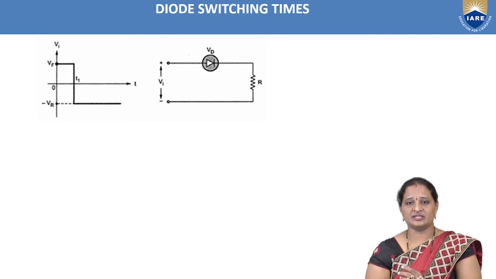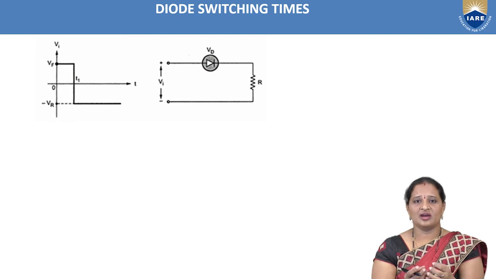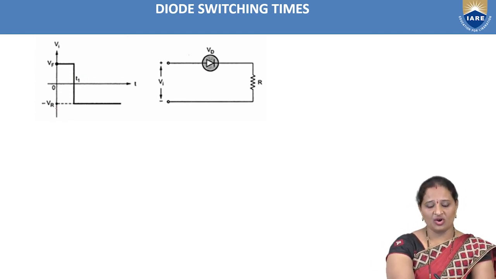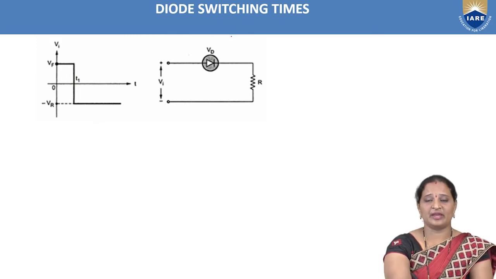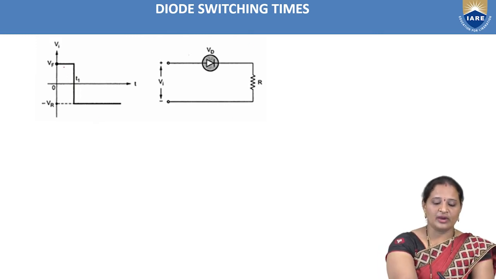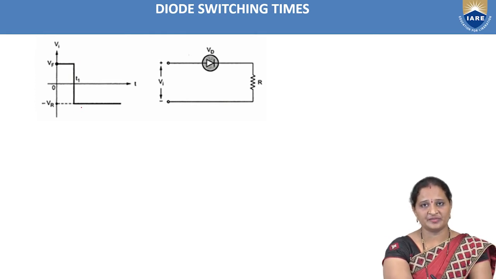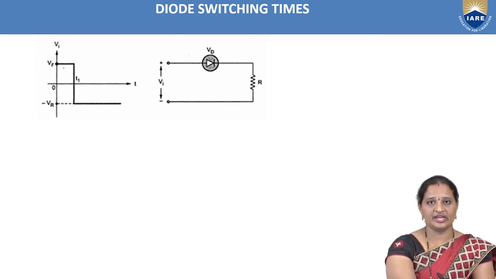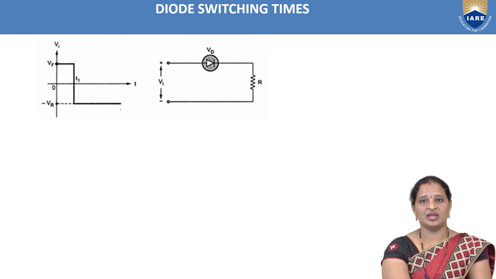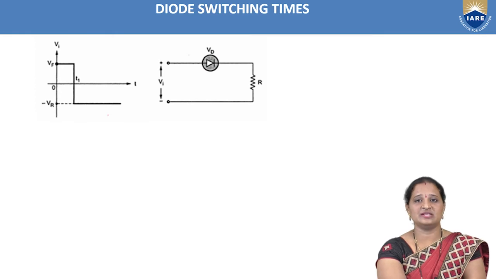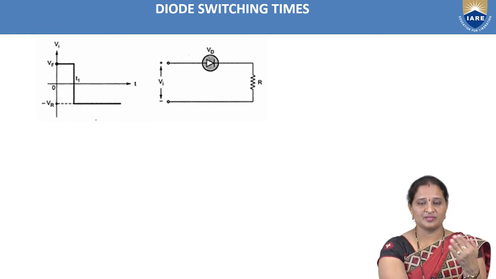Diode switching time means whenever we apply a voltage of this kind to a PN junction diode, you can observe that in this waveform there is an abrupt change in the input voltage from maximum to minimum, or else positive to negative. That means the input voltage is changing suddenly from the maximum value to the minimum value.